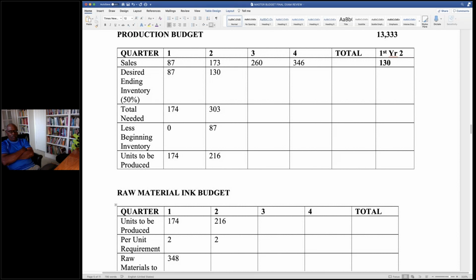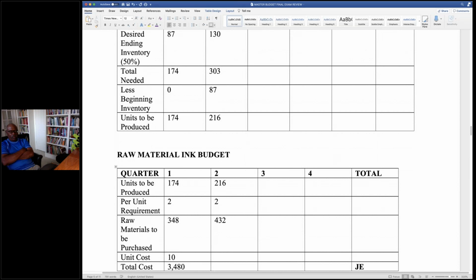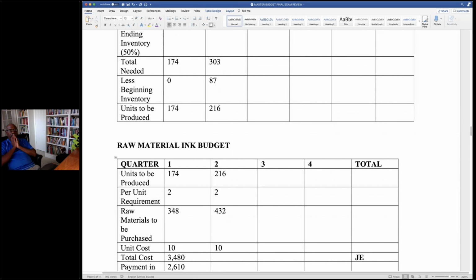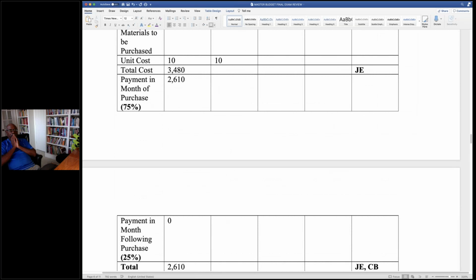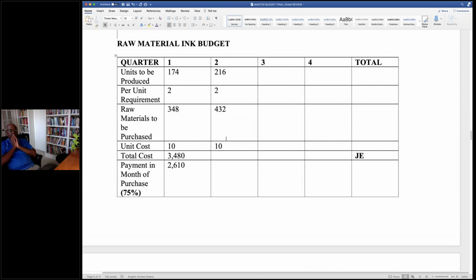It's gonna be 432. And it's still gonna be 10. 29 and then 75%.